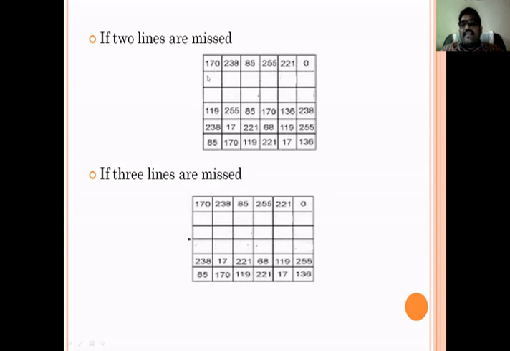That means here 170, 238, 85, 255, 221, 0. Likewise, the first line values will be filled up. Once we get the first line values, again the values of this line and this line, summing and dividing by 2, will be filled up here.